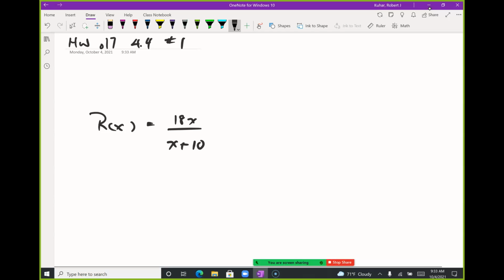So they're only asking for domain right now, and it's all about what x values you're not allowed to plug in. You've got a couple of rules: you can't divide by 0, and you can't take an even root of a negative. So the only possible one here is dividing by 0. So obviously x equals negative 10 is not in the domain.